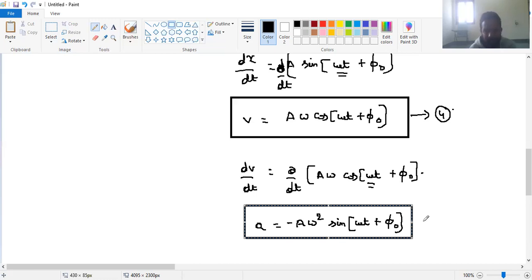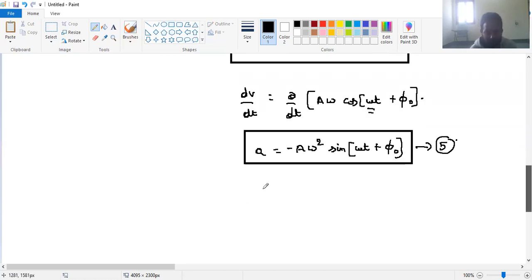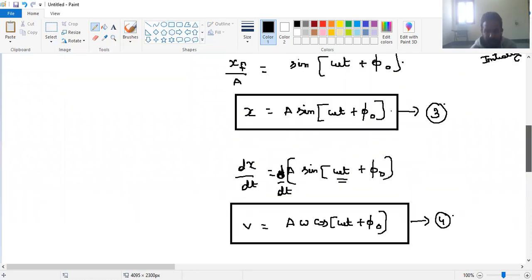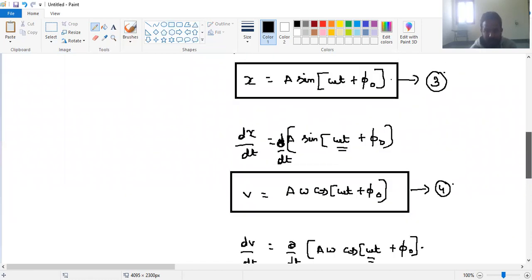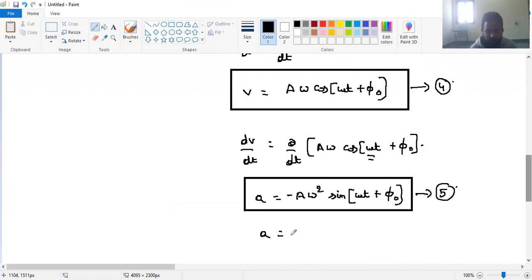In the starting I explained why I have taken k by m as omega. If I compare the fifth equation and the third equation, then a is equal to minus of omega square x, because a sin omega t plus phi naught is nothing but x.